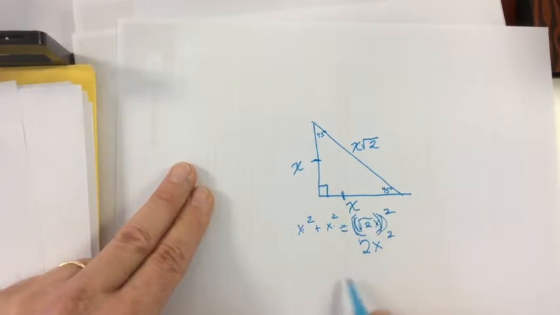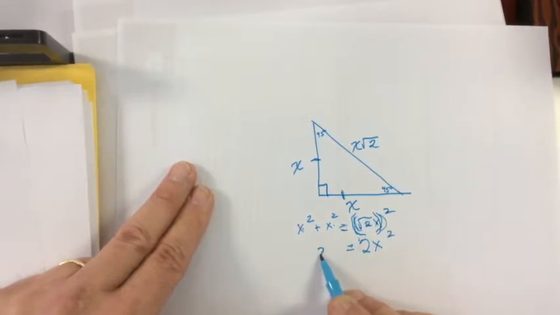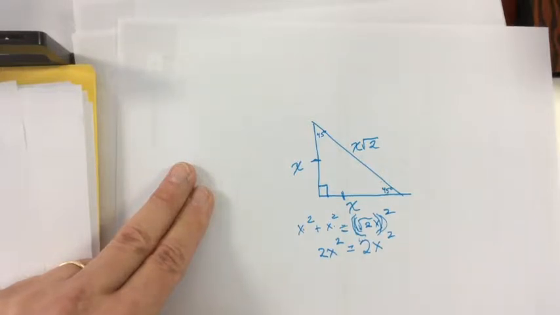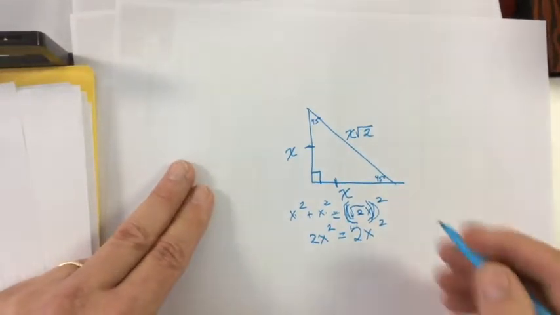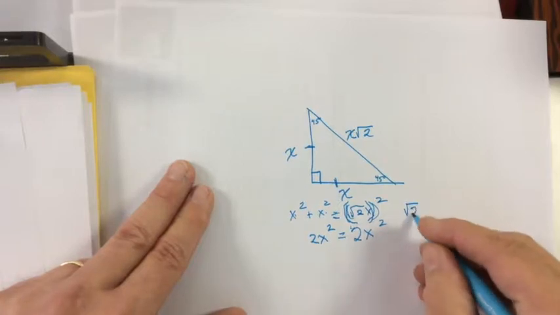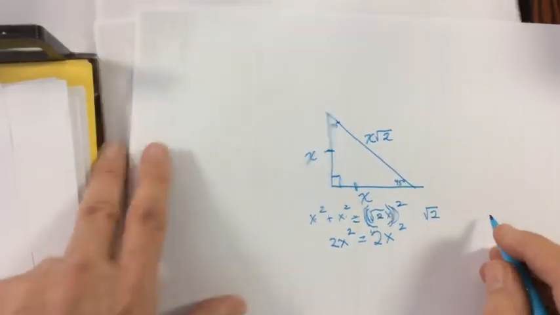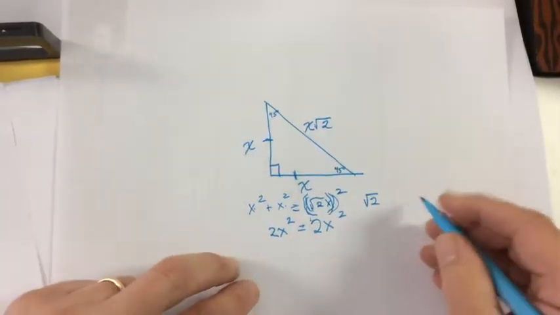Wait, why do you keep the squared? I mean, for the second part, wouldn't it cancel out with the radical? Well, when you say cancel out, I'm not exactly sure what you mean. But when we talk about the square root of 2, we're talking about the number that when you multiply it by itself will give you 2, right? Yeah.